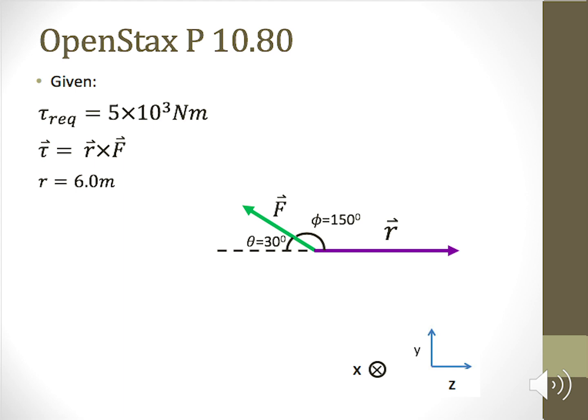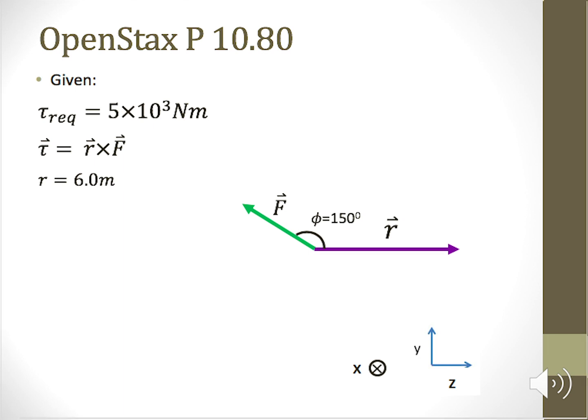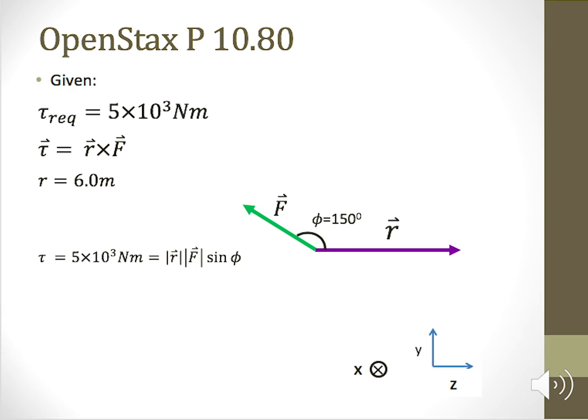And now we can get rid of the 30-degree angle, and we know that we've got two vectors, F, which we're trying to solve for, and R, which is 6 meters, and the angle 150 degrees between them. And we know that the required torque has to equal 5,000 newton meters. So 5,000 newton meters is equal to magnitude of R, magnitude of F, sine phi, which is the angle between them.